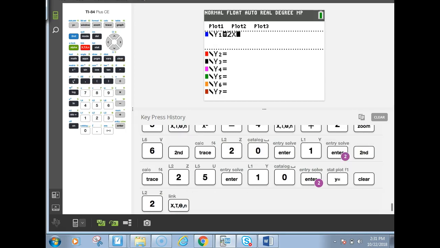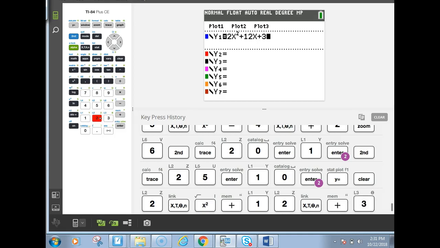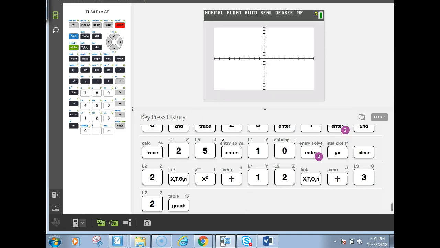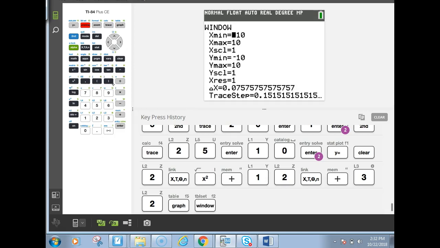2x squared plus 12x plus 32. And graph. If you've typed in the reduced equation, this thing's going to look different. Now I'm not seeing anything, so I may have to adjust my window. So I'm going to try going a little wider, 20, and I'm going to try to go up higher.